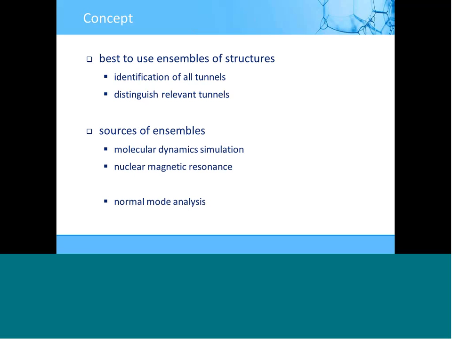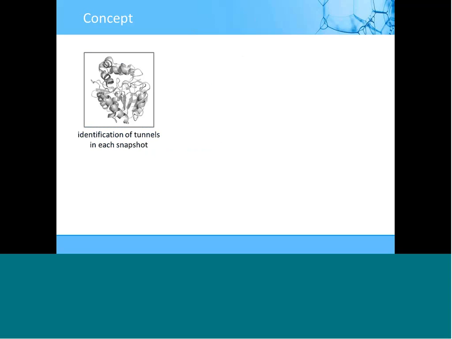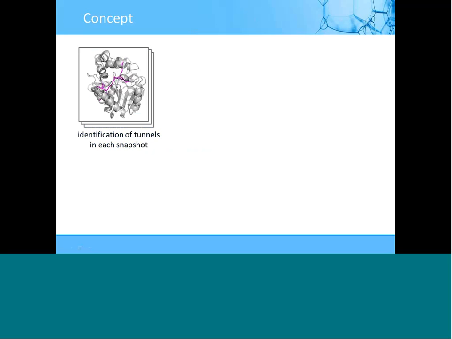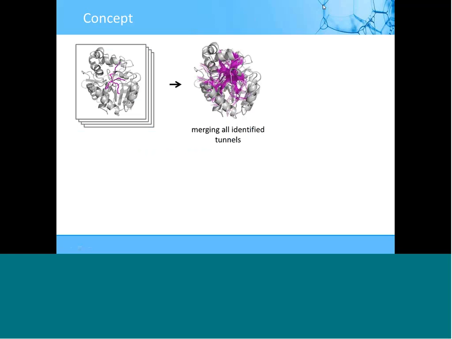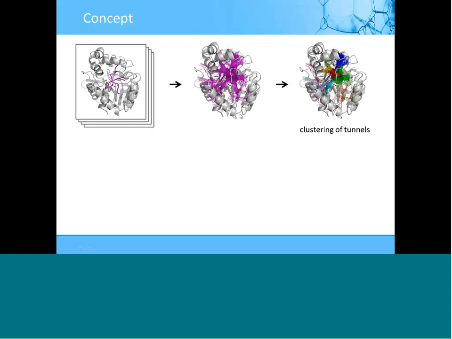So once we get this ensemble of structures, Caver is used to identify tunnels in each snapshot, or maybe you can call it a structure. So you get a set of various tunnels. Then these tunnels are merged on a single structure, and Caver clusters them into the individual tunnels.